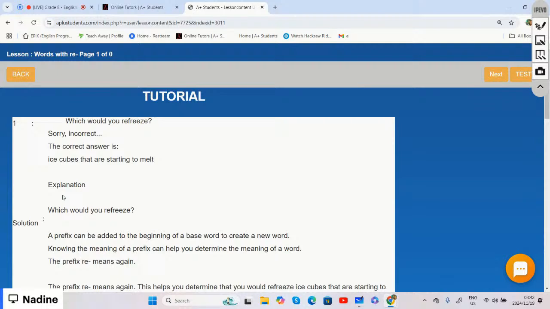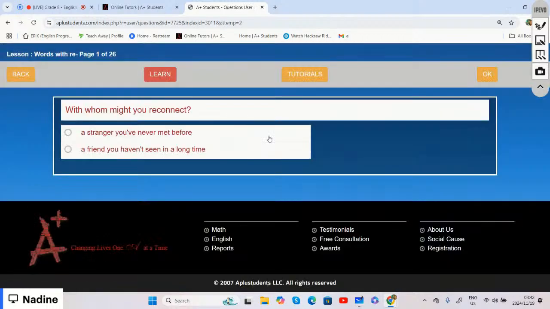There's a lot of things that you would refreeze, right? One of them being ice blocks that are starting to melt. Something that is starting to melt, we would refreeze. All right, so now we're going to our test where we have words with re, and re means again.